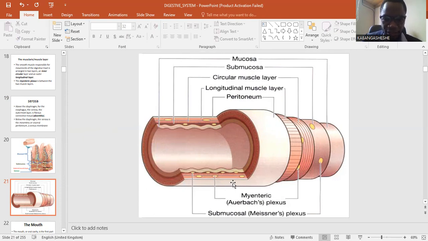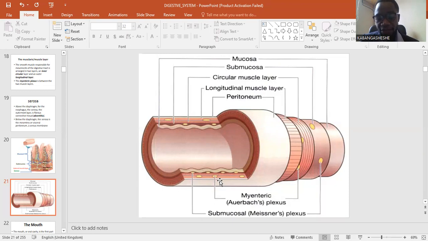Then the outermost layer is connective tissue known as serosa or adventitia, depending on which level of the digestive system you're looking at. If it's a part of the digestive system that is located above the diaphragm, the outer covering is known as adventitia. Anything below the diaphragm, the outer covering is called serosa, because in the abdomen, all the way into the pelvis, we have peritoneum.